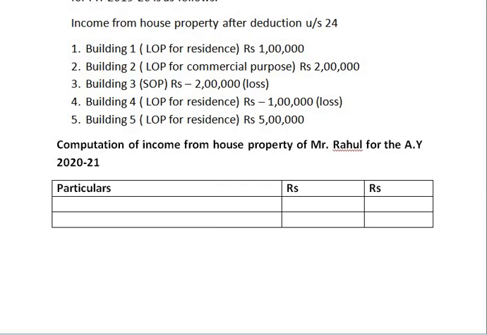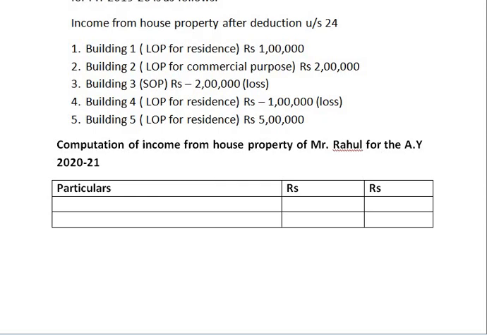Always remember that whenever you are doing set off of the losses with the incomes earned, you should first take all the positive figures first and then you have to adjust the losses. Though in the sum you can see building 1 is profit, 2 is profit, then it is loss, again profit.